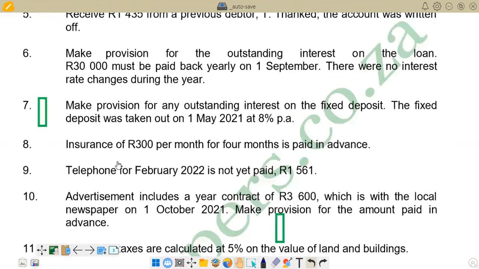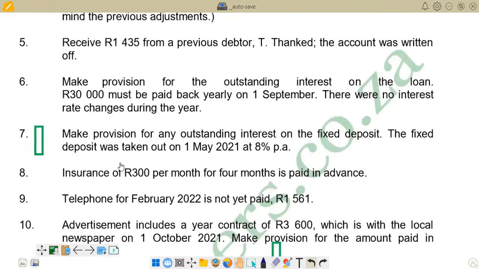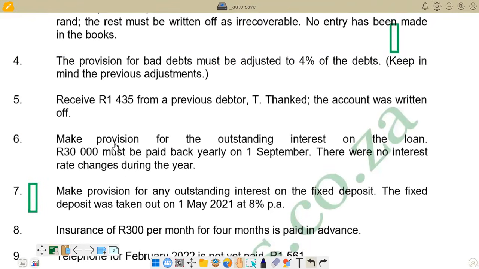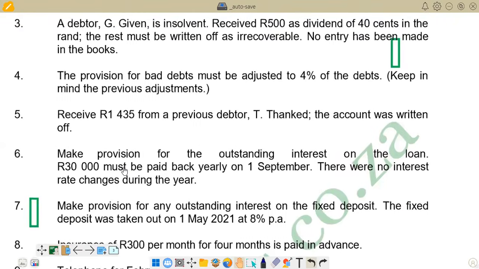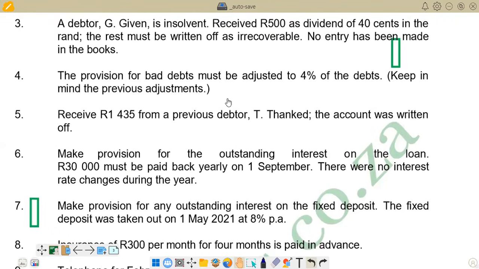If you go to item 4, it's saying the provision for bad debts must be adjusted to 4%. So our rate is 4% of the trade debtors, or the debtors control figure that we have in the question. So we go back to check the figure for debtors control that we have in the question.